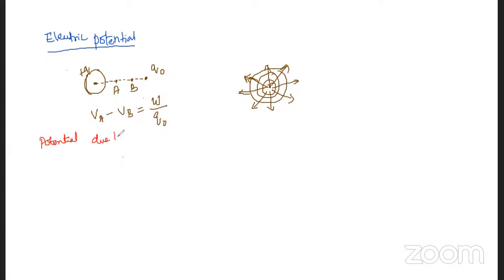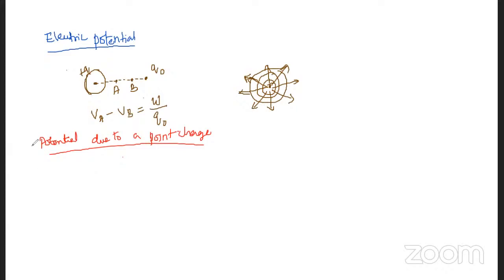We consider a point charge Q. Its electric field due to the charge, which we will take as E, is going outward, as it is a positive charge.